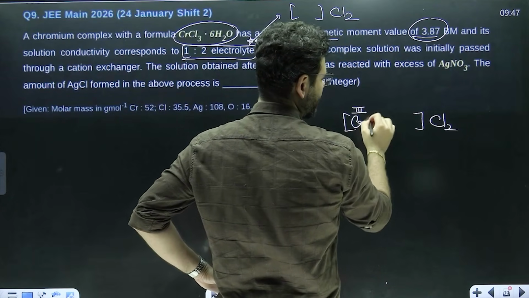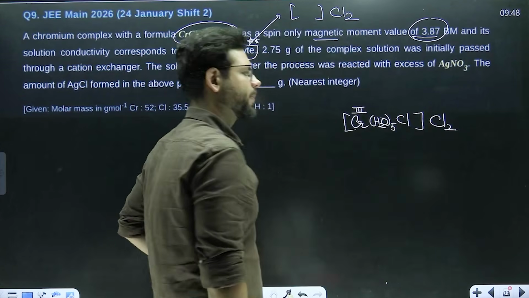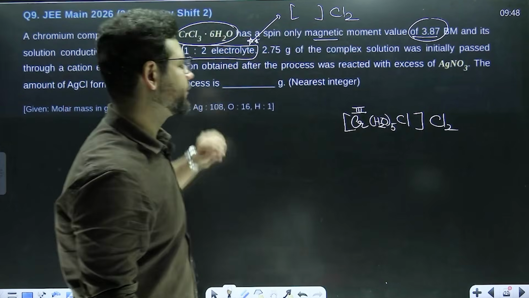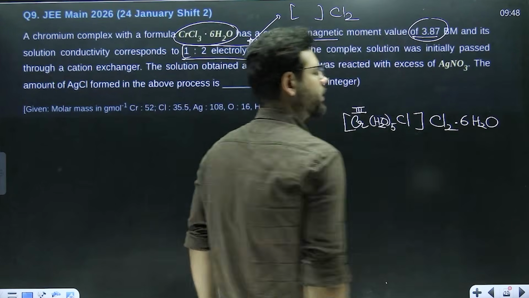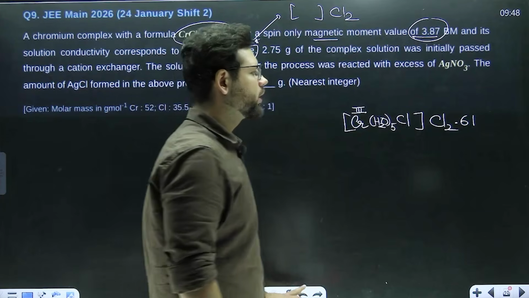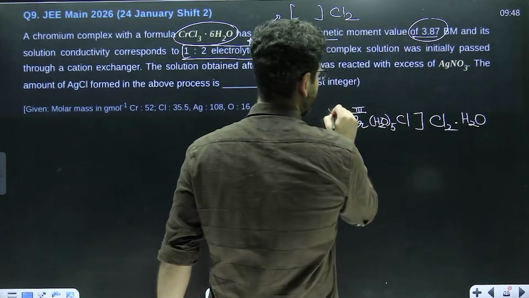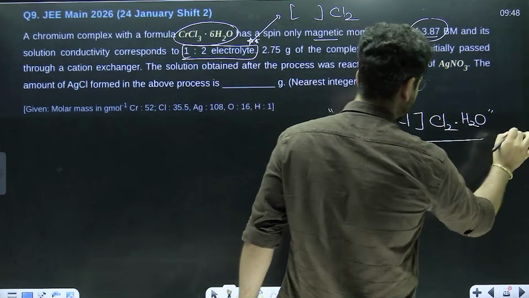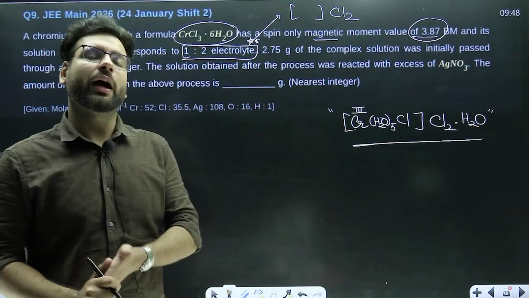For that it will take 5 water inside and 1 chlorine inside. That means the 6th water is sitting outside as the water of crystallization. This is the compound given in the NCERT as a grey-green colored compound, in hydrate isomerism if we check.